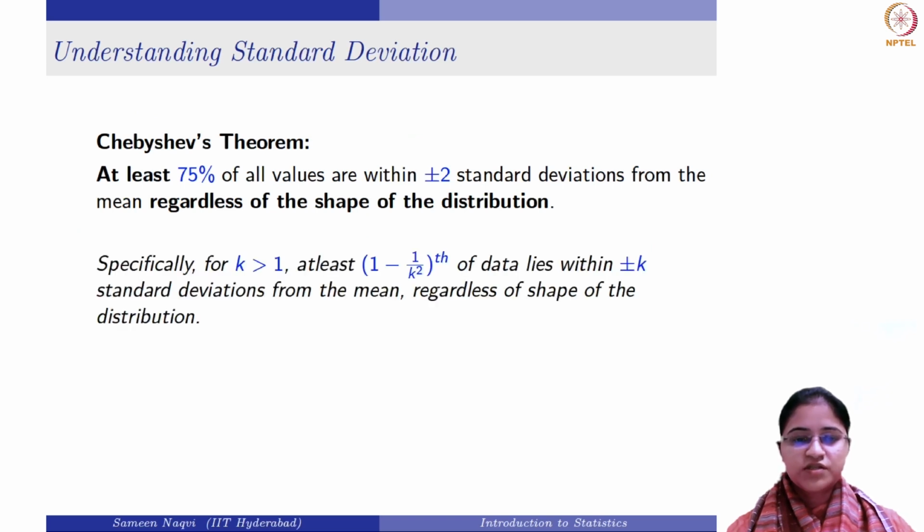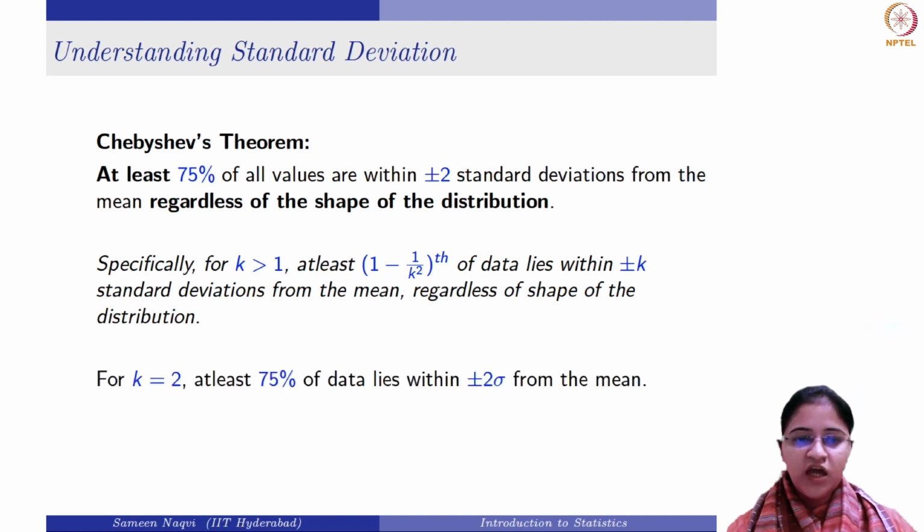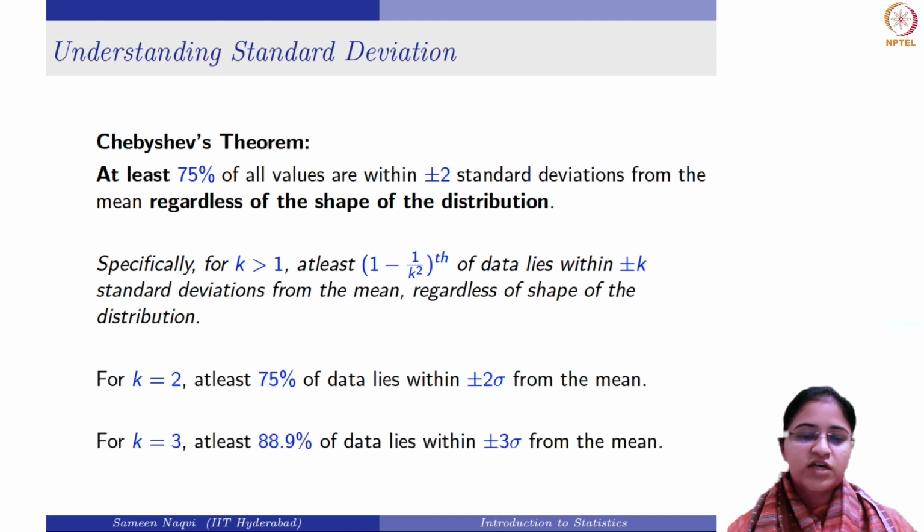So, specifically for k greater than 1, at least 1 minus 1 by k square of data lies within plus minus k standard deviations from the mean, regardless of the shape of the distribution, and that is what we saw just now. For k is equal to 2, 75% would lie, and for k is equal to 3, 88.9% would fall between mu minus 3 sigma and mu plus 3 sigma.